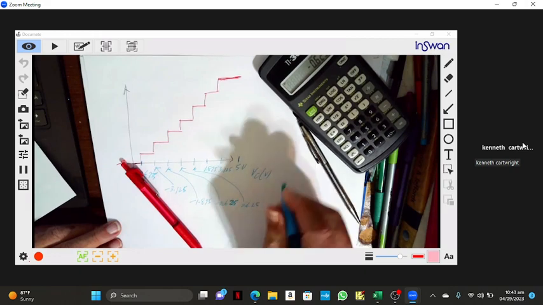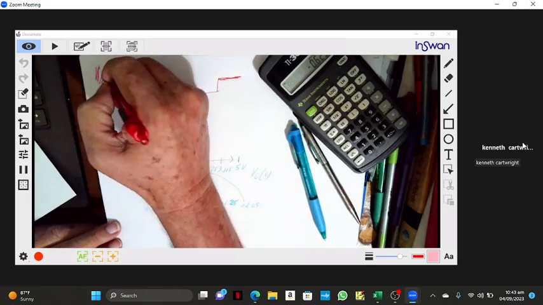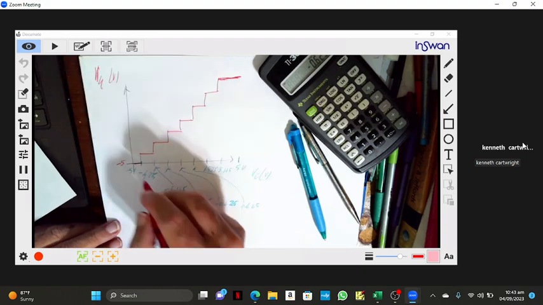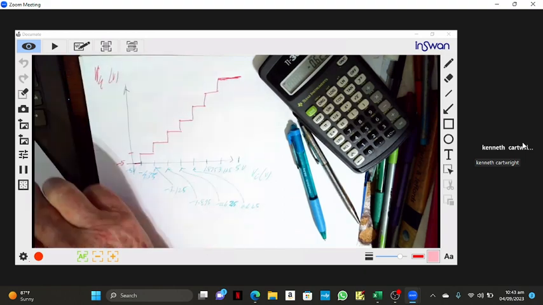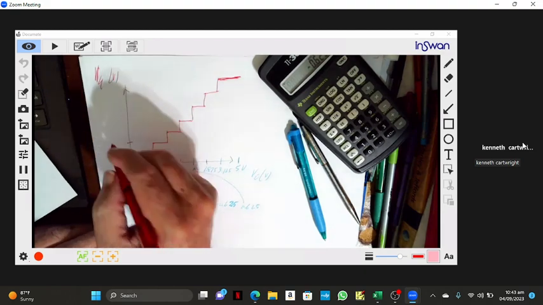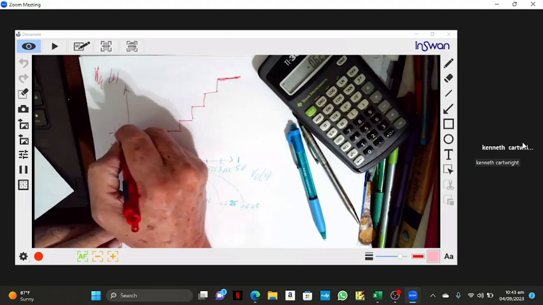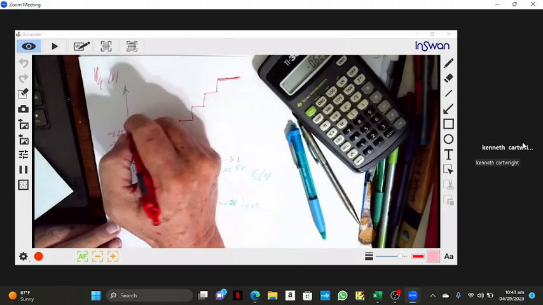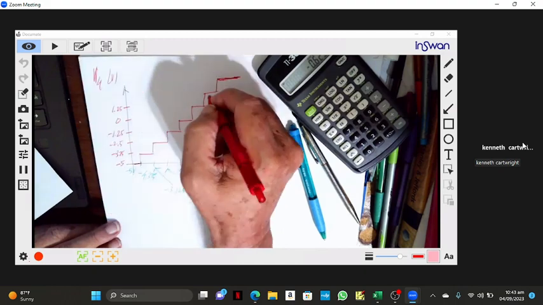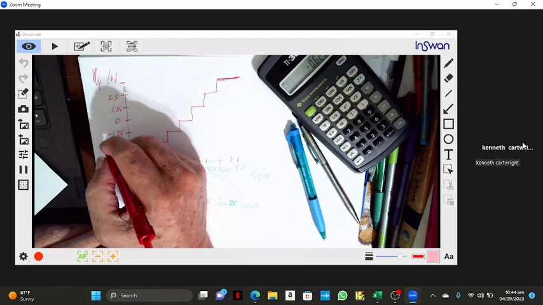Negative 5. Negative 3.75. Negative 2.5. Negative 1.25. 0. And then 1.25. And then 2.5. And then 3.75.